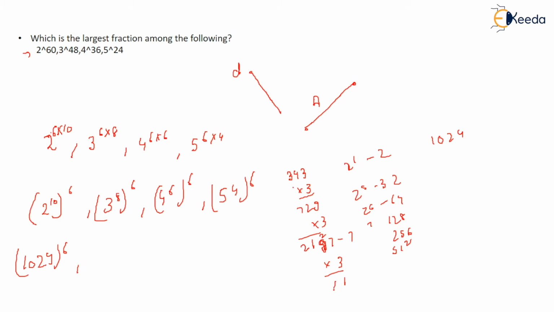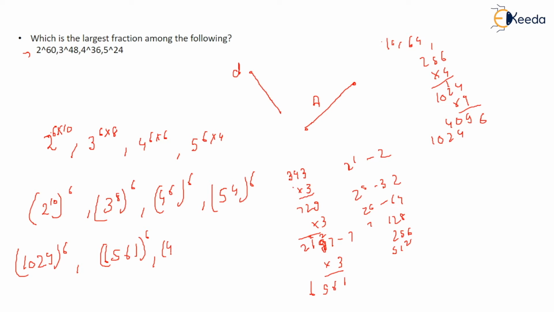Then 4 to the power 6. 4 to the power 2 is 16, 3 is 64, 4 is 256, 5 is 256 into 4, that is 1024, and 6 will be into 4, that is 4096.